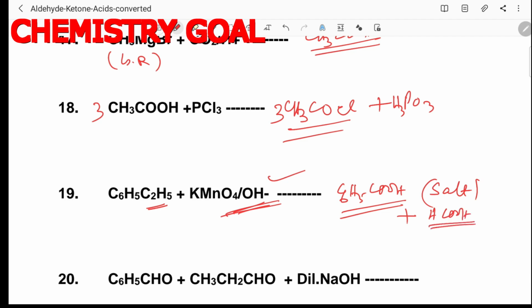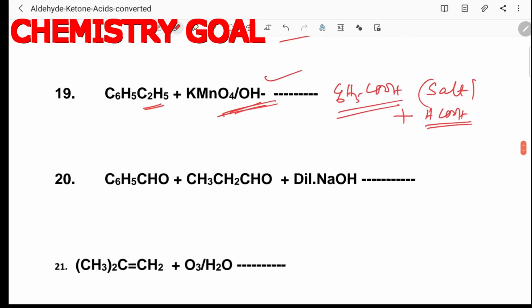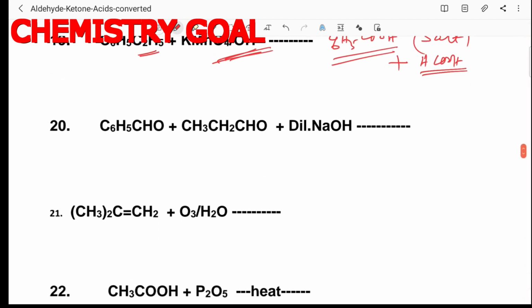Remaining is formic acid. So reaction 20, this is called your benzaldehyde, reacts with your propanaldehyde in presence of base, and this reaction also you can say it is aldol condensation reaction. Aldol condensation reaction already known, one will be the formation of nucleophile.